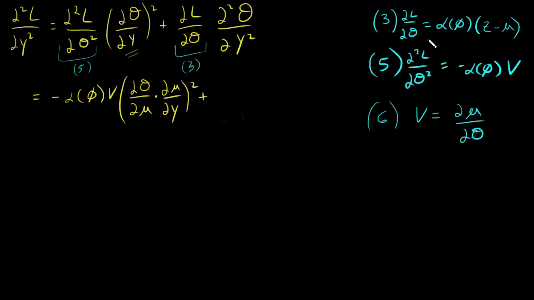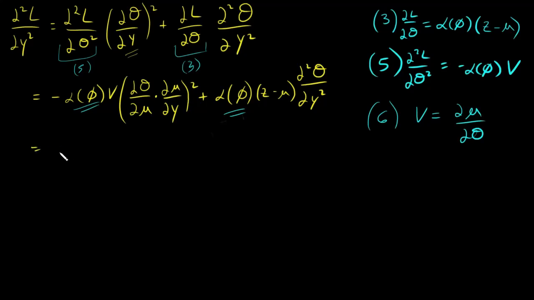Okay, and then I'm going to plug in equation 3 here. So d phi, z minus mu, and then I leave this last piece alone. Let's see, I can maybe pull out this piece, and I can distribute that squared.